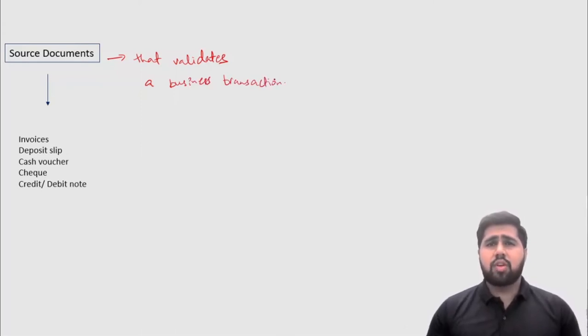Any source document that validates that a transaction has taken place, for example, an invoice. What does an invoice reflect? It reflects that a sale has been made, or if the invoice is incoming, that means a purchase has been made, right? For example, a deposit slip, that means you've deposited cash to the bank.